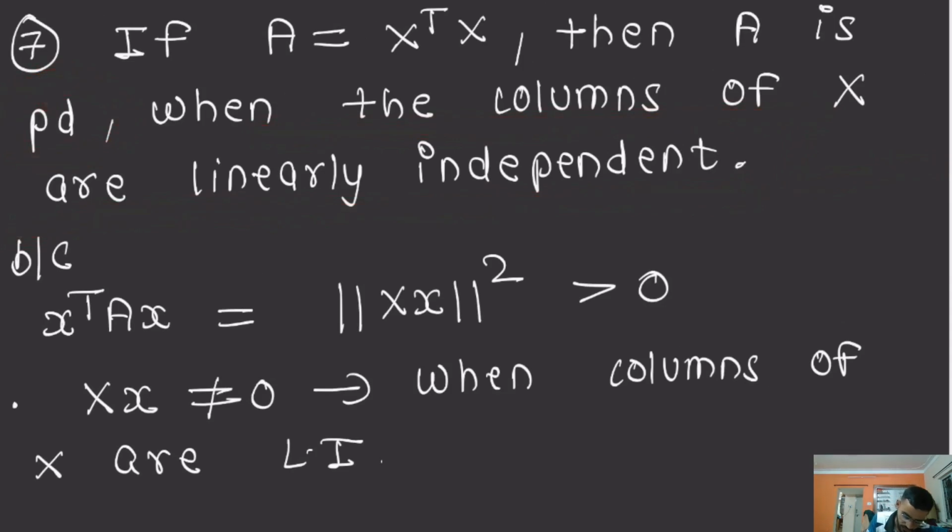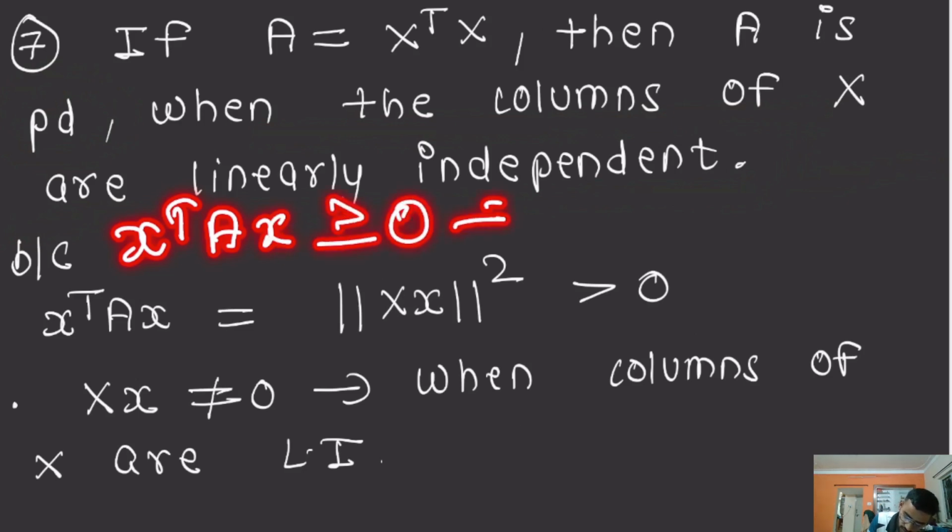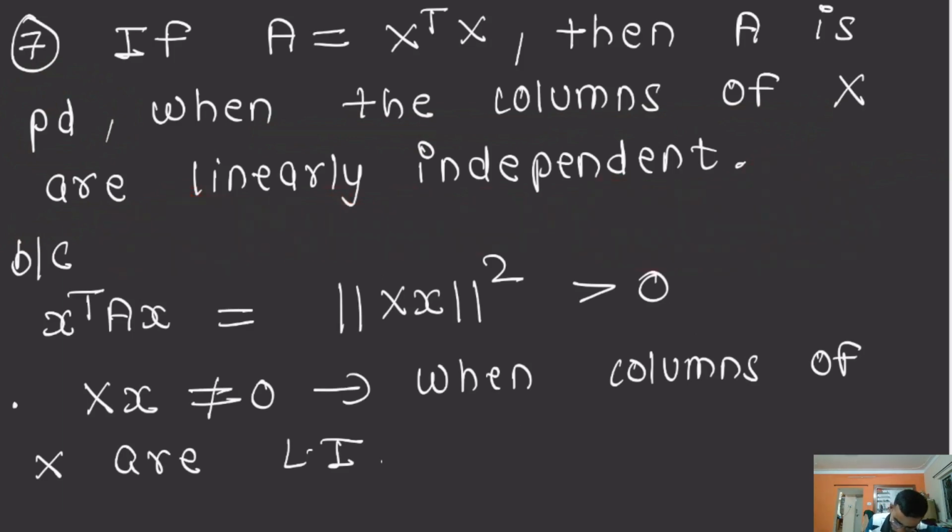Why? Because we have seen x transpose Ax is always greater than or equal to 0 if A can be written as X transpose X. This we have already seen.